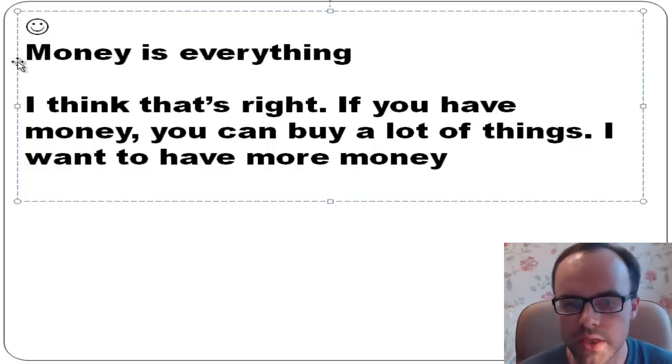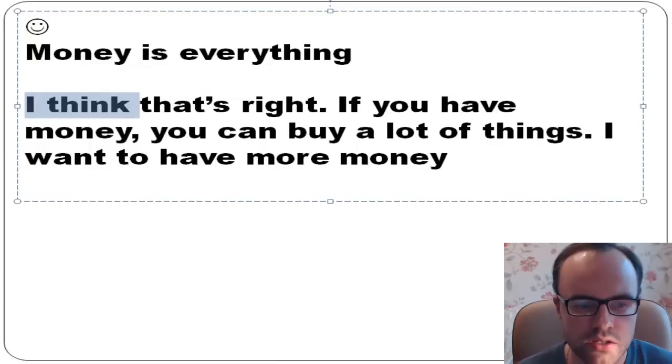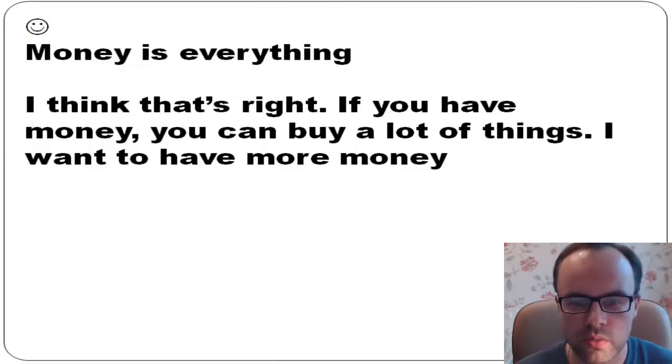So I think why not? It sounds quite good. Can you spot some mistakes in these sentences? Spot means can you find some mistakes in these sentences? So let's have a look at all these sentences one more time. Money is everything, and one possible answer: I think that's right. If you have money, you can buy a lot of things. I want to have more money.